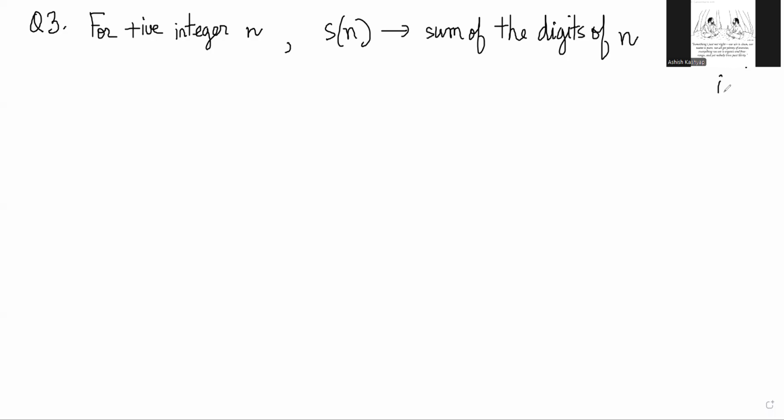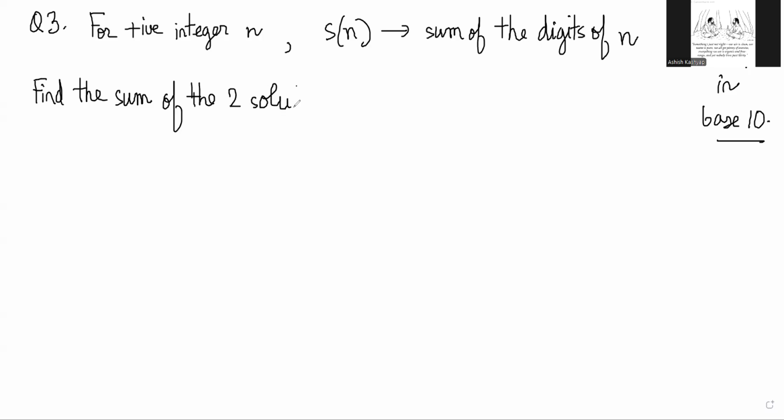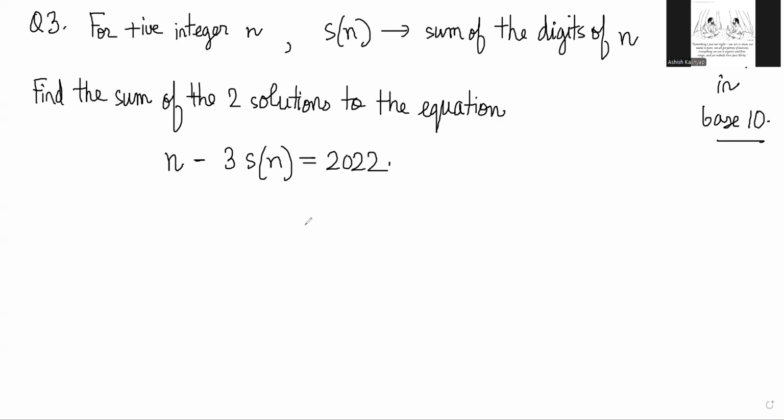Find the sum of the two solutions to the equation n minus 3 times S of n is equal to 2022.